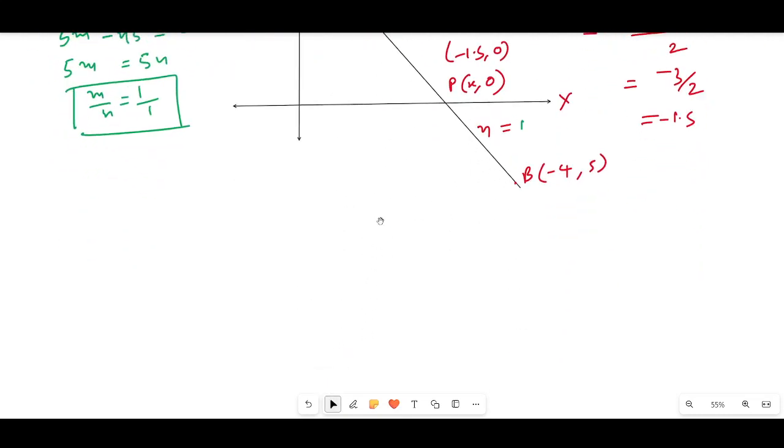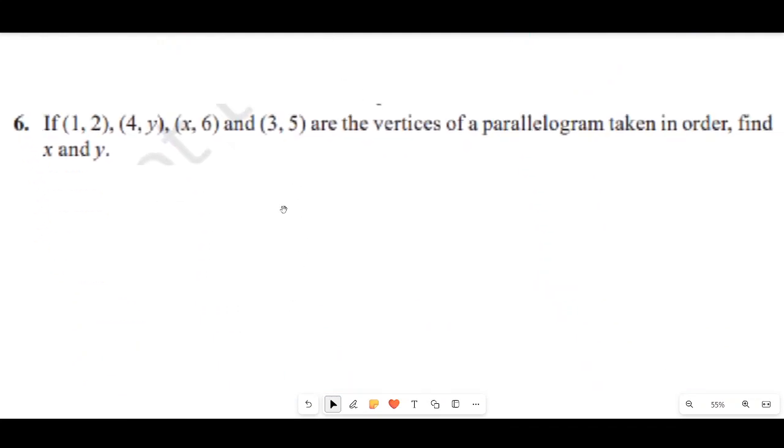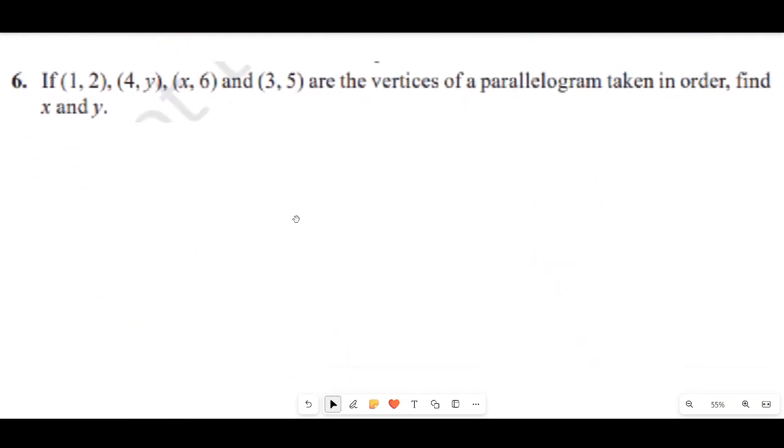Now come to the next question. If (1, 2), (4, y), (x, 6) and (3, 5) are the vertices of a parallelogram taken in order, find x, y. Don't worry, first we should make a parallelogram.